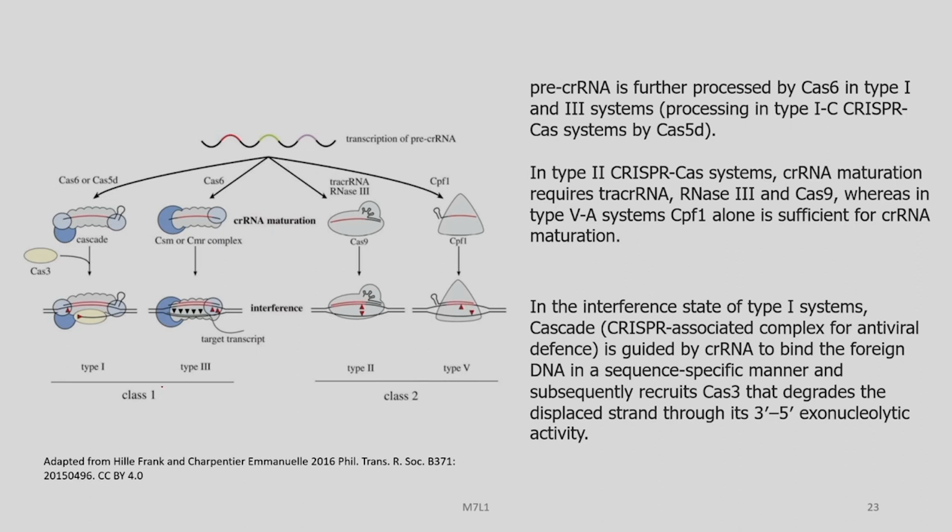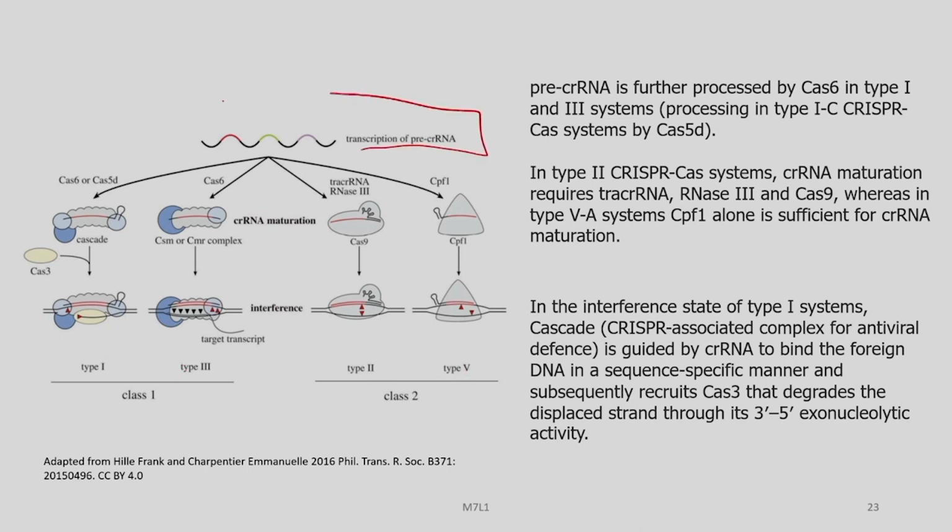Now, depending on the class of the CRISPR-Cas system which we just discussed prior to this slide, and the type, the processing would be different. So, this is the diversity and variation in this processing. You can see here under class 1 we have type 1 and type 3, under class 2 type 2 and type 4.